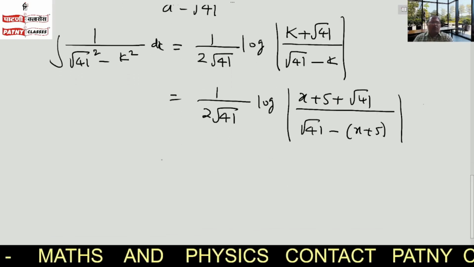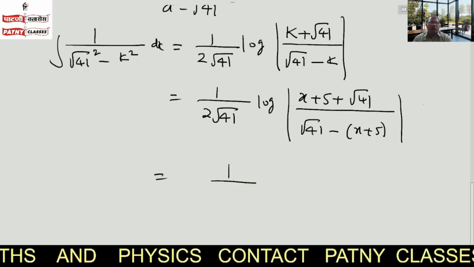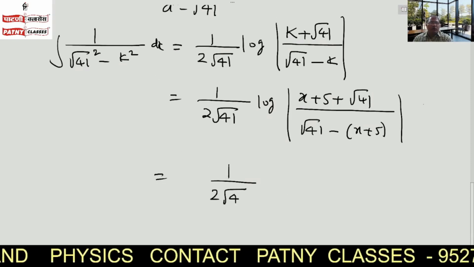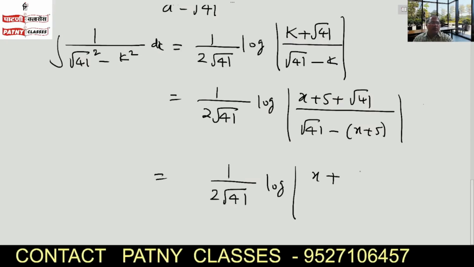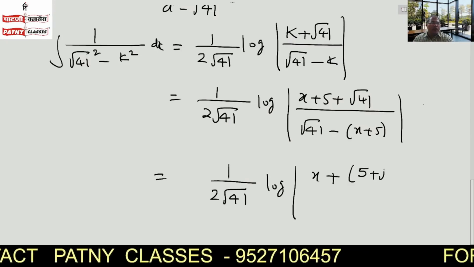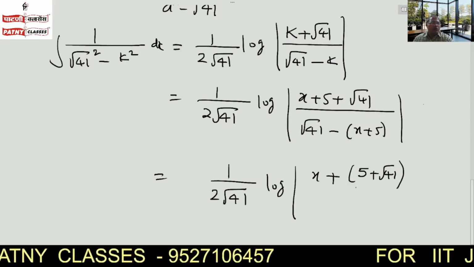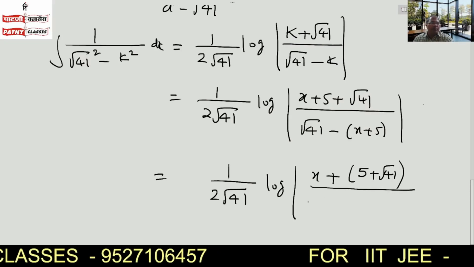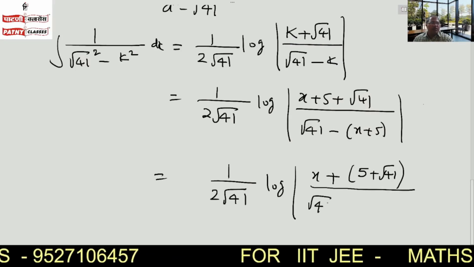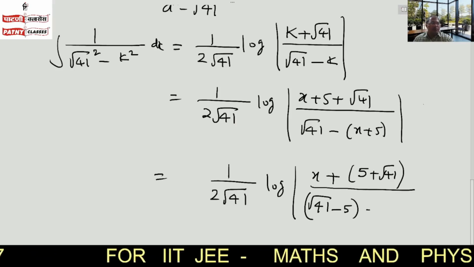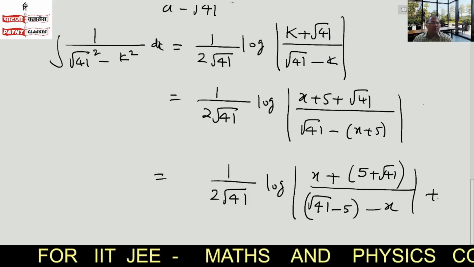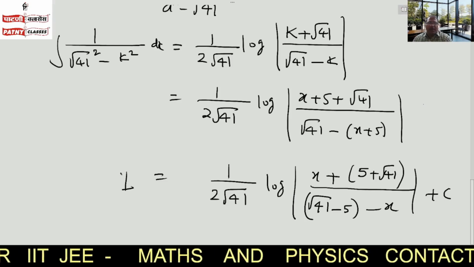Now this can be equal to 1 upon 2 root 41 log of x. We can group the numbers together, 5 plus root 41, to give the descent shape. Numbers also have a descent shape. So give it the descent shape, minus x plus c. This is I equivalent to this.